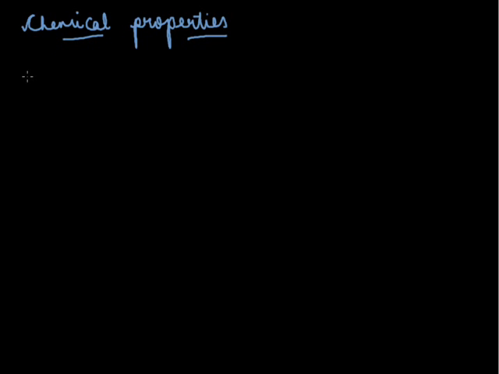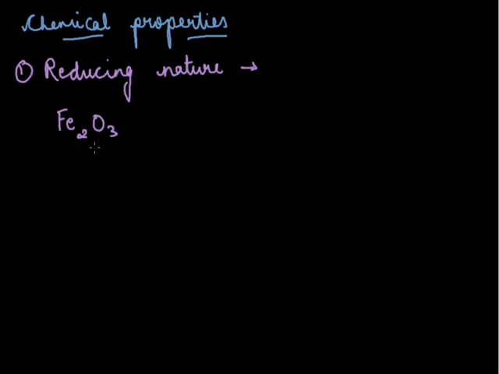For example, if I talk about the reducing nature of carbon monoxide, the oxide of iron, that is ferric oxide, is reduced by carbon monoxide. That is, carbon monoxide will accept the oxygen and form CO2 with the reduced metal. So this is generally used in the metallurgical process, where we have to extract the metal from its ore.